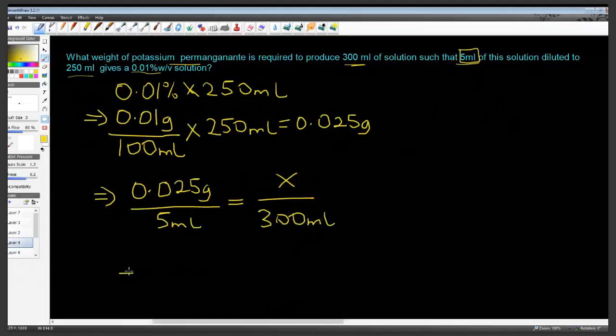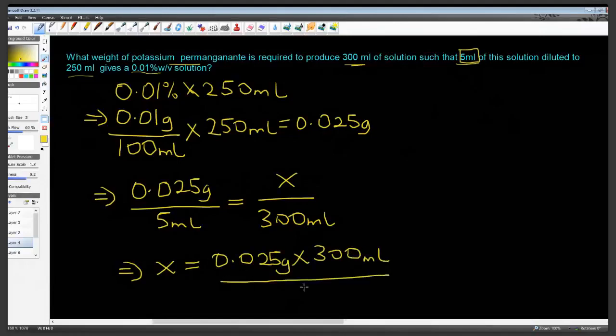So we can solve for the unknown, which is going to be 0.025 grams times the 300 milliliters divided by 5 ml. And if we do that correctly, we should end up with 1.5 grams.